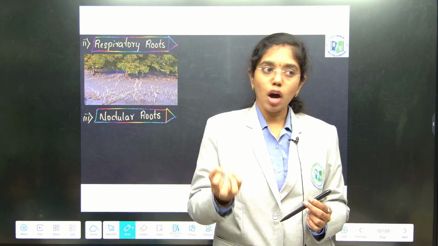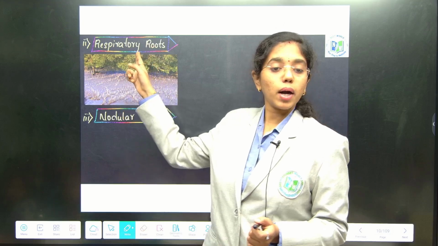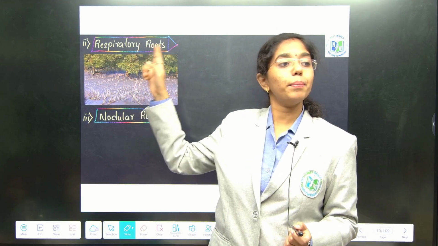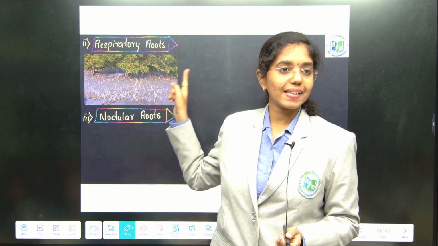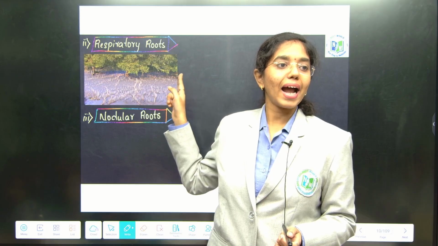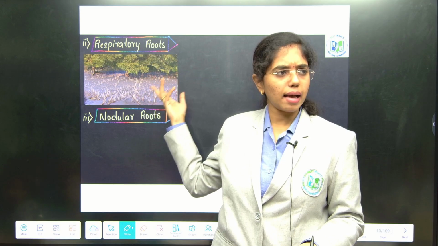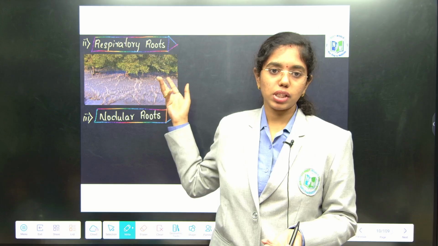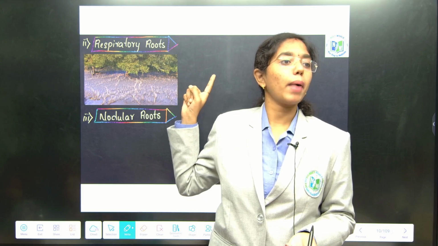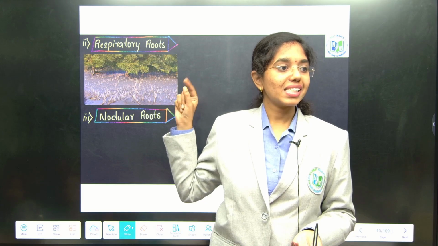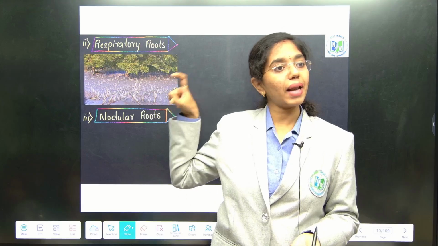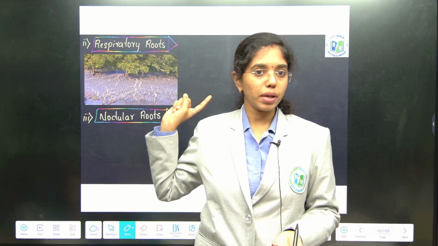It will take the oxygen. So, they are also known as what? Pneumatophores or breathing roots. Examples include Rhizophora and Avicennia, which are mangrove plants. They are also viviparous plants, where seed germination takes place on the plant itself. We have learnt in PGD, right?